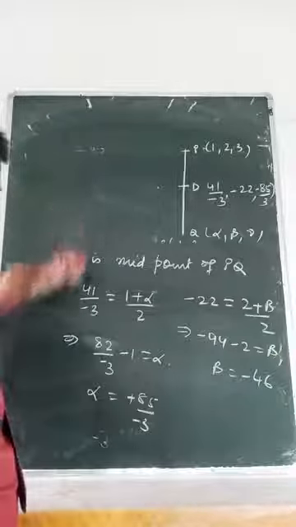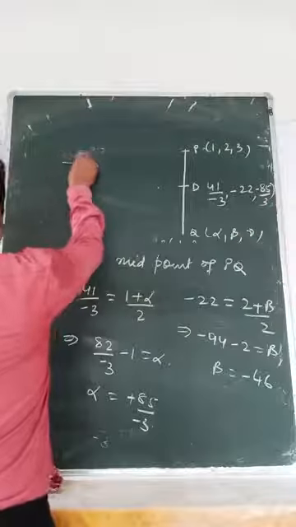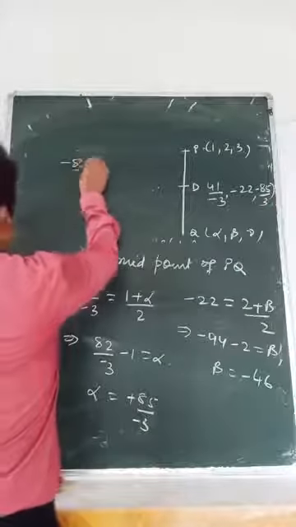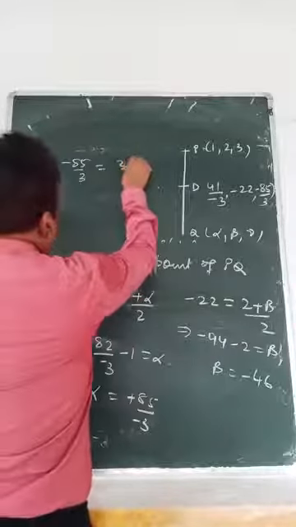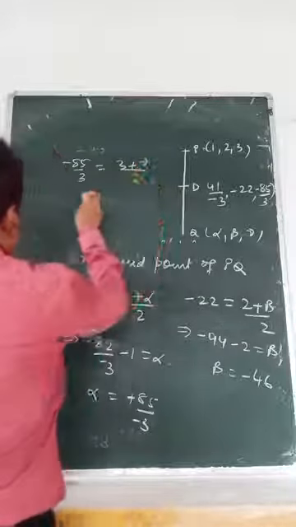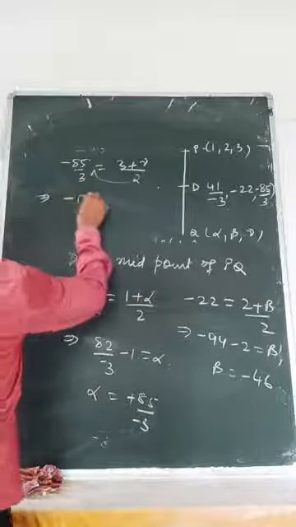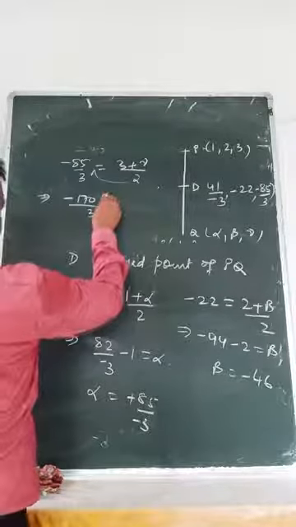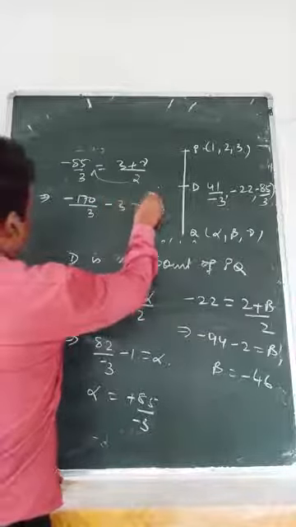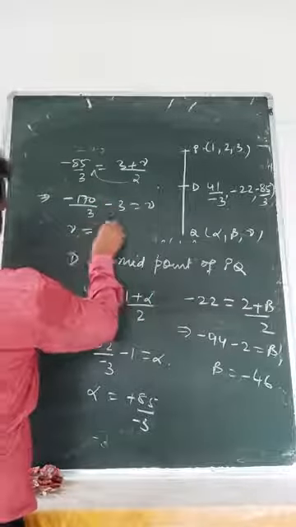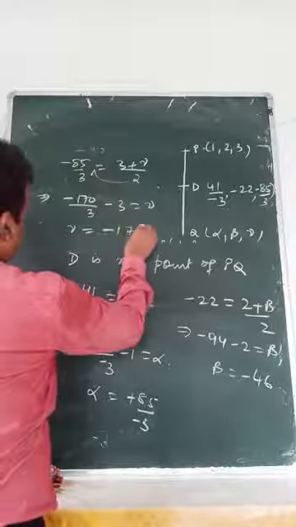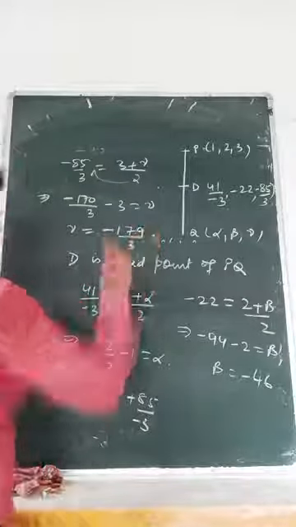For gamma, minus 85 by 3 equals (3 plus gamma) by 2. So this will go here, minus 170 by 3 minus 3 equals gamma. So gamma equals minus 179 by 3.